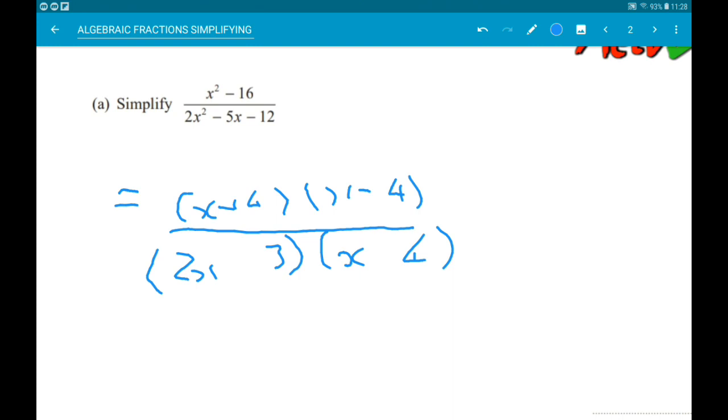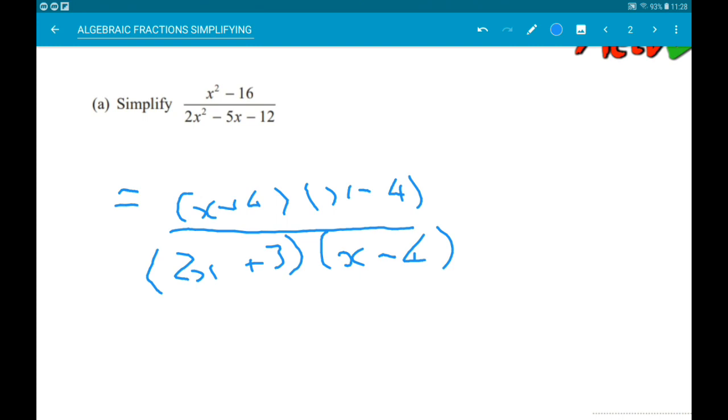So if we stick a minus on the 4, that multiplies 2x and gets us minus 8x, which then nicely, if we put a plus 3, that's going to give us 3x, so that brings us back up to our minus 5x.